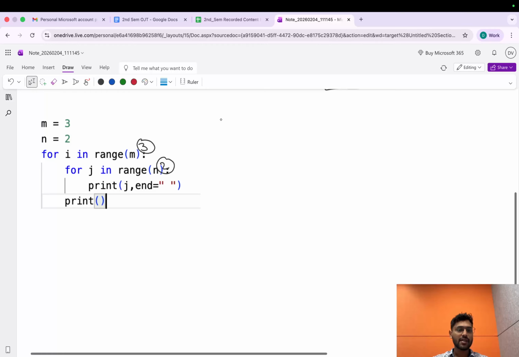Okay. Now I will be starting with 0. I will be going to 1. I will be going to 2. That's it. I won't go to 3 because it's not inclusive. When I equals to 0, j will be 0, 1.